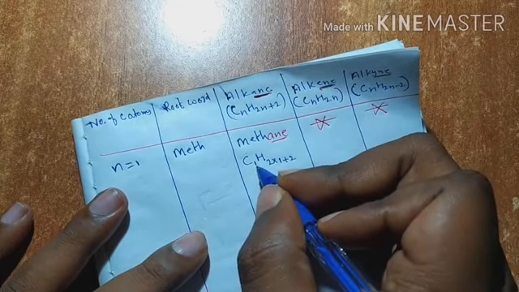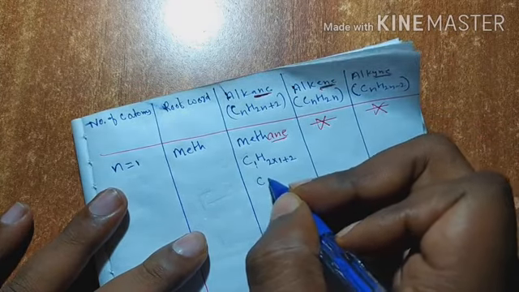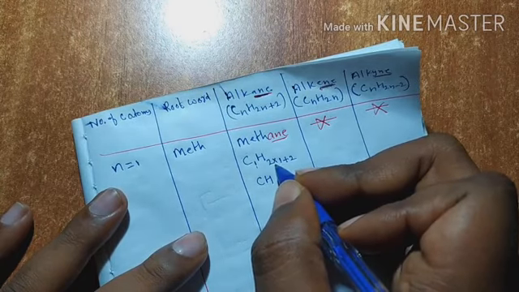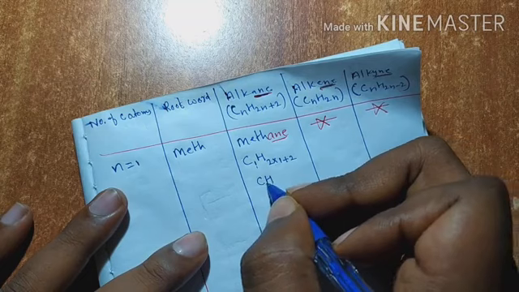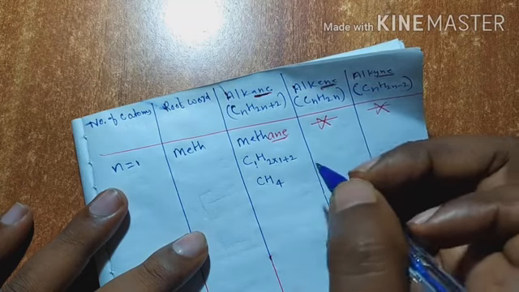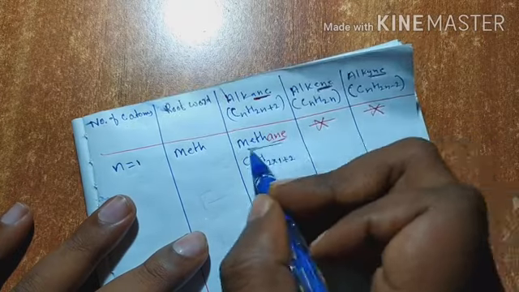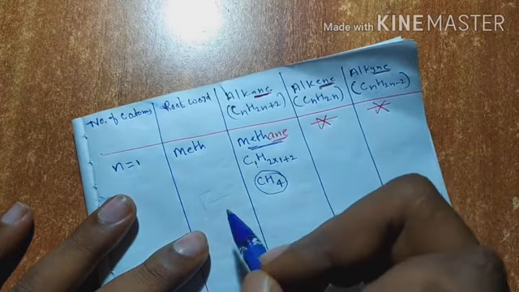No need to write 1, so CH4. It means the molecular formula of methane will be CH4. Understood?